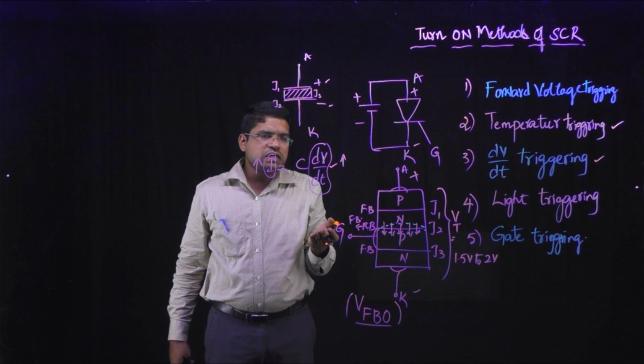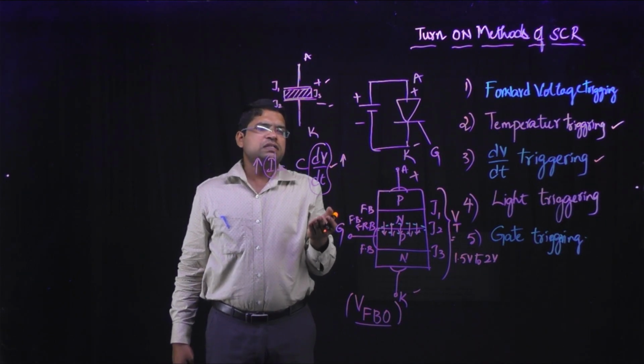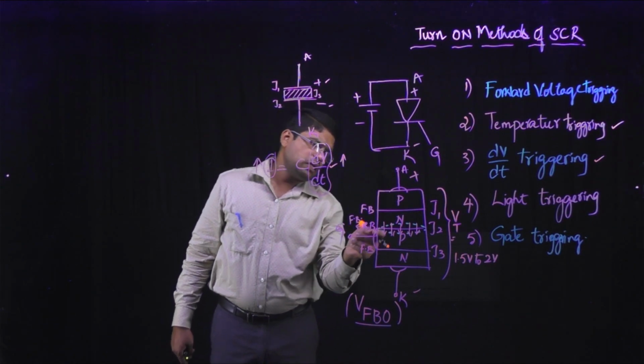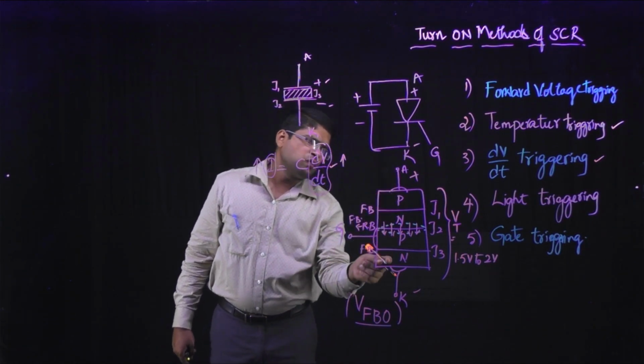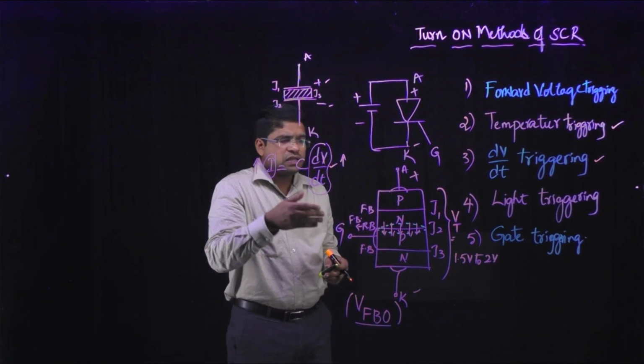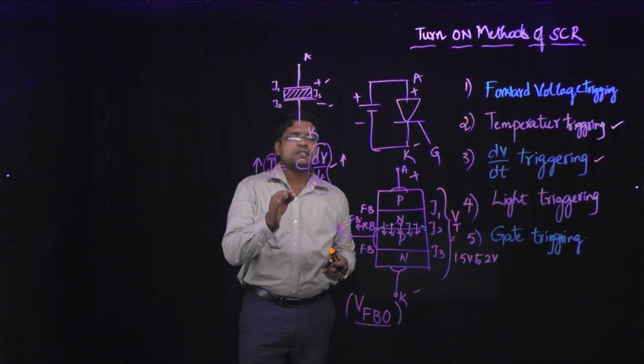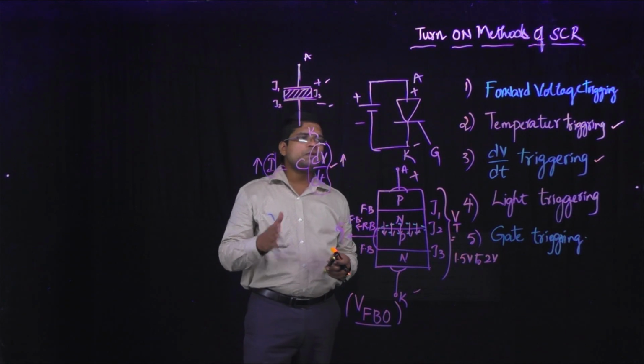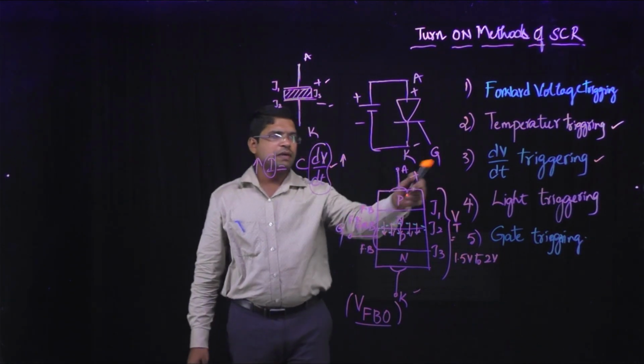When the charging current of the capacitor gets increased, at a particular instant a high amount of current flows from anode to cathode. So the increased charging current causes the device to get triggered or turned on. This type of triggering is known as dV by dt triggering.